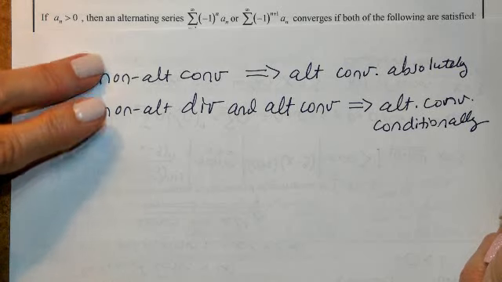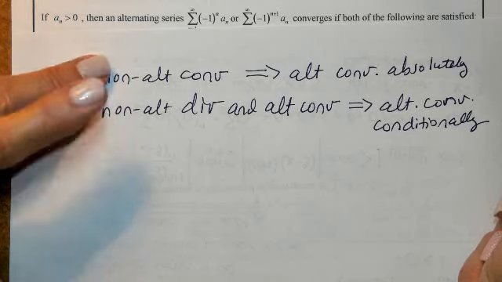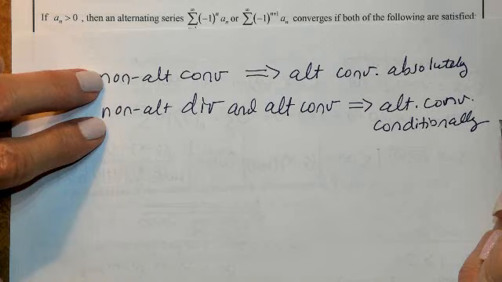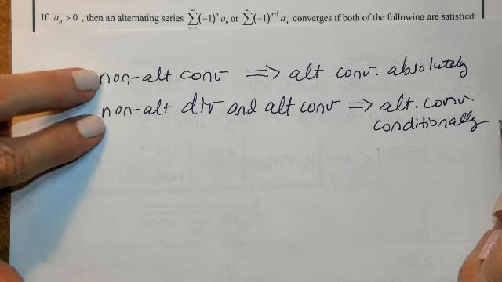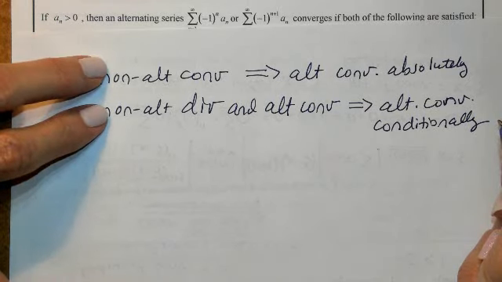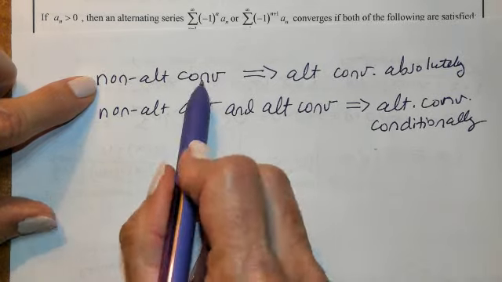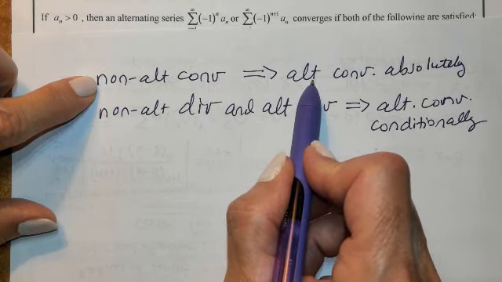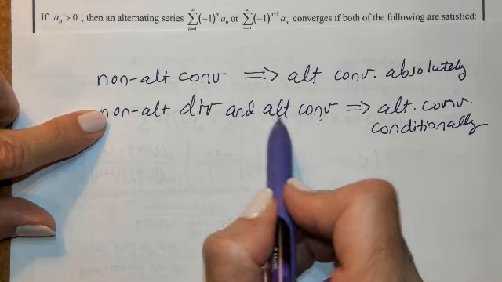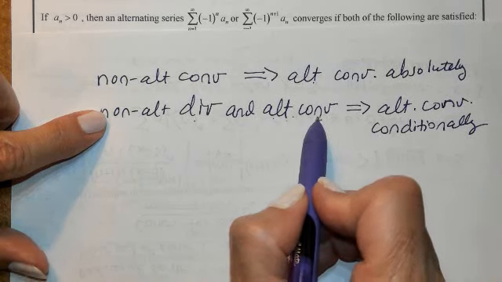So I always like to check the non-alternating first. Usually you can eyeball that. It's usually a p-series or geometric series, something really obvious. See if that converges or diverges. If it converges, you're done. You don't have to do anything else. If it diverges, then go ahead and check the alternating one and see if it converges.